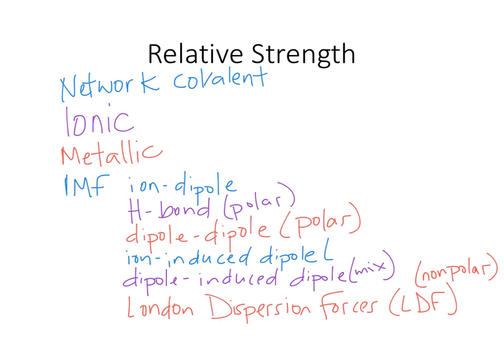Ion-induced dipole is a mixture of ionic and nonpolar. Ion-dipole is a mixture of ionic and polar. So remember the difference between pure substances and mixtures. And that's the general strength of those. Go back to video 1 if you want to know more about those different types of IMF.